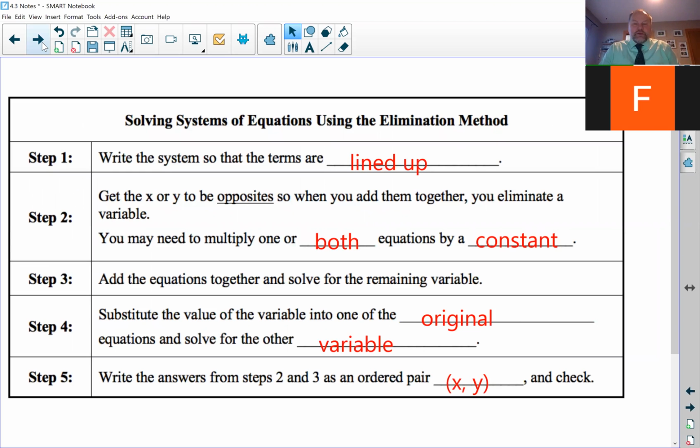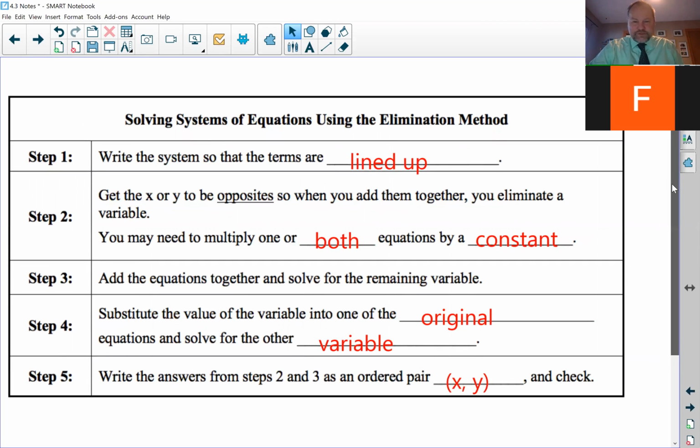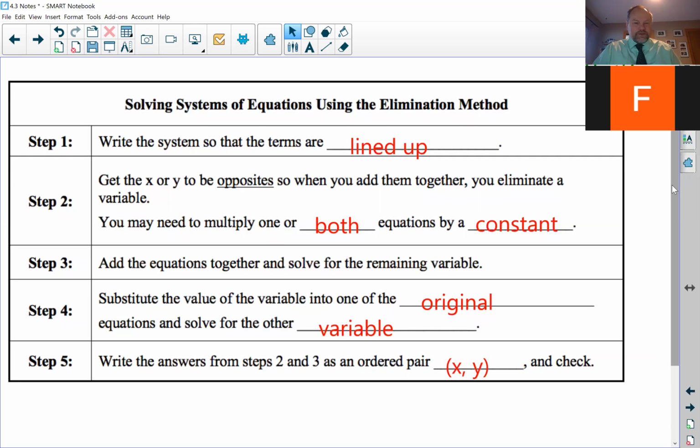All right. So I list this as a 5-step process. It really normally doesn't take all 5 steps. But we want to write the system so the terms are lined up. In other words, we have our x's over our x's, our y's over our y's, our constants over our constants.